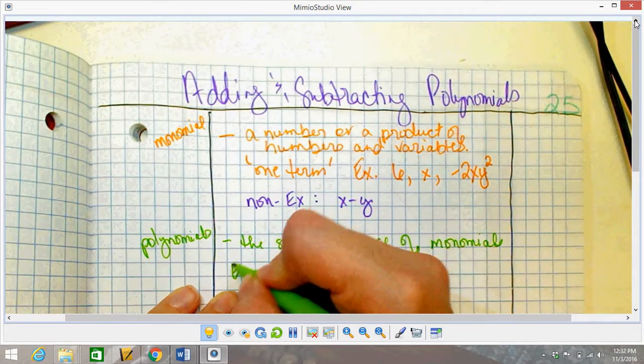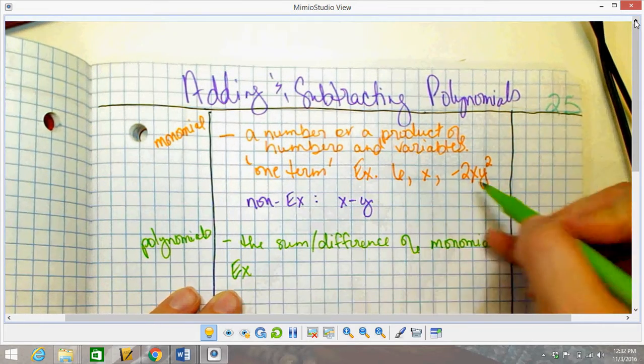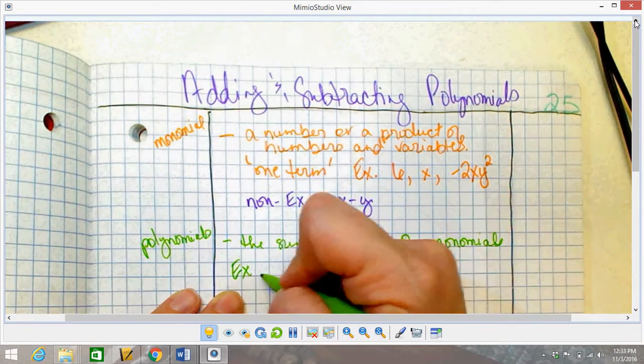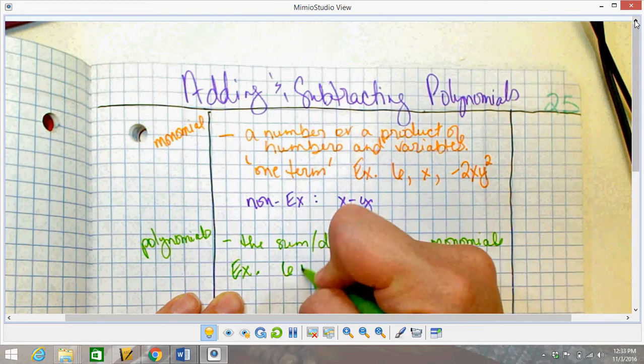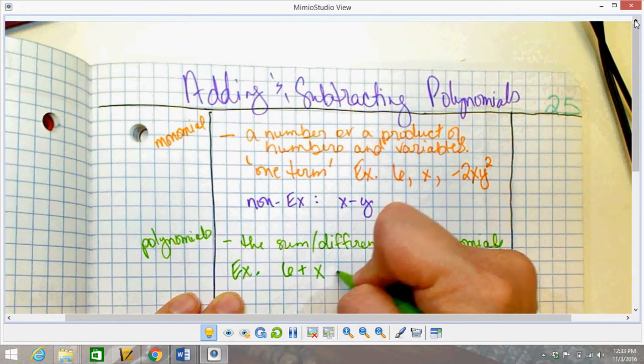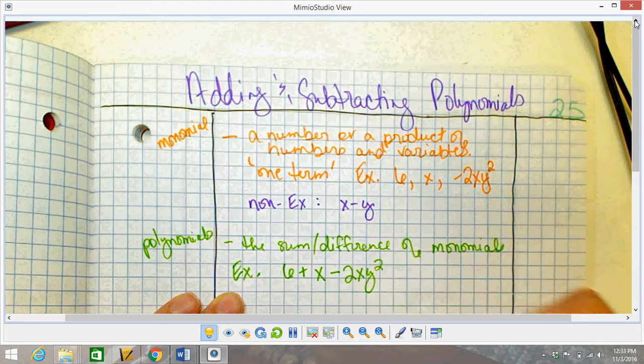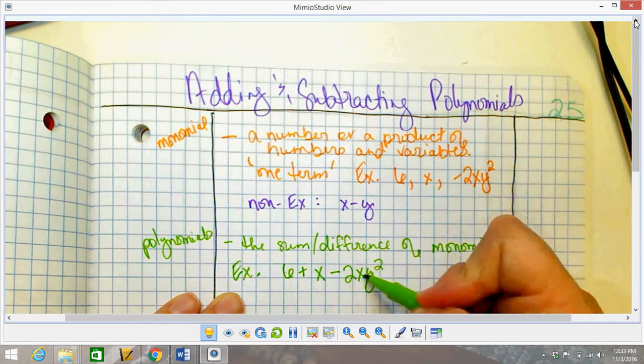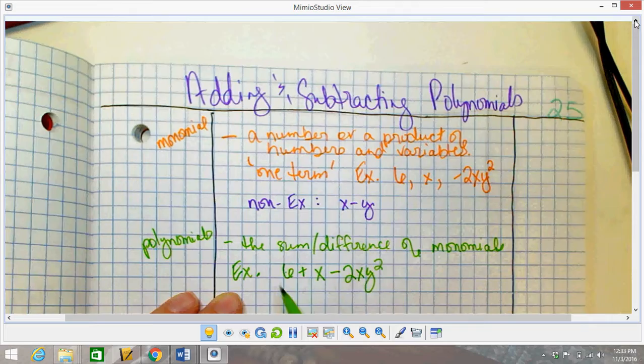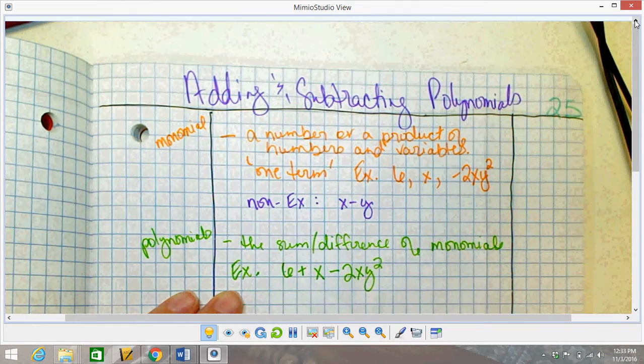So an example would be, let's take all of these monomials up here that I made. Let's do 6 plus x minus 2xy squared. So monomial, monomial, monomial, added and subtracted, together they are a polynomial.